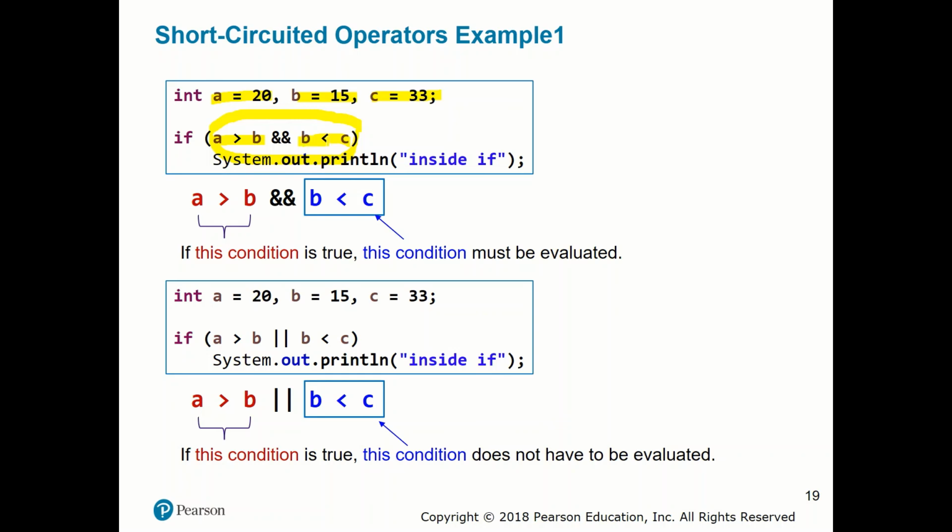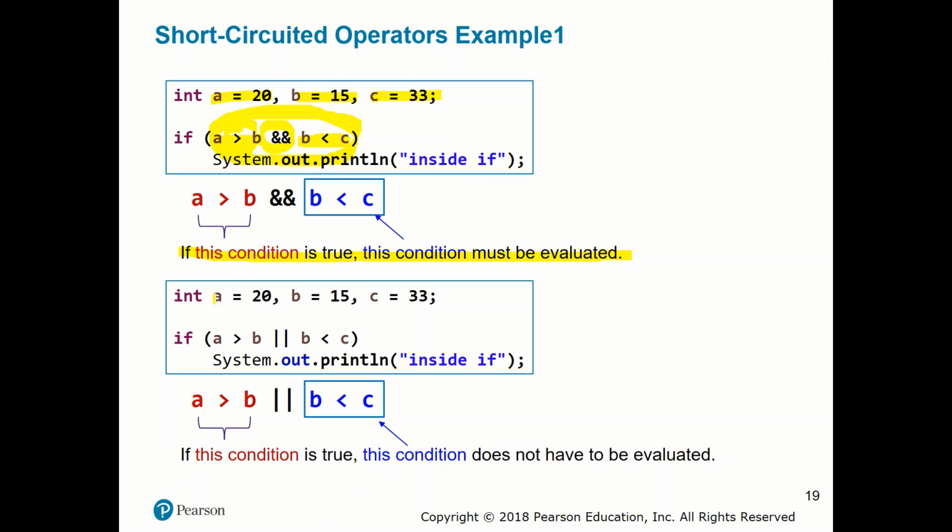Or if this is false, then the whole becomes false. So in the AND operator, if the left side is true, the right side must be evaluated. So if the left side is true, then the right side must be evaluated.